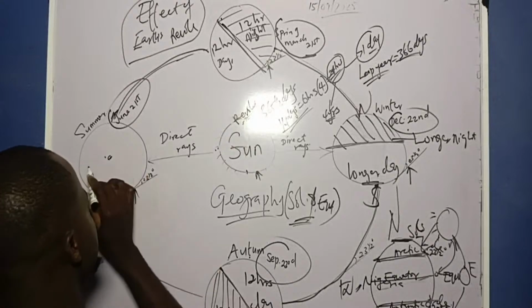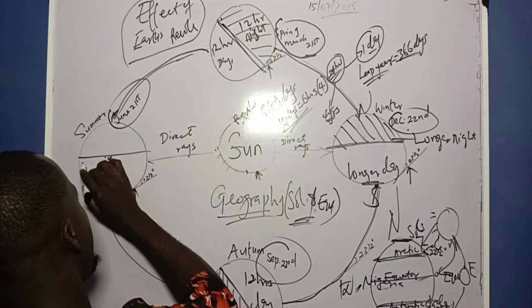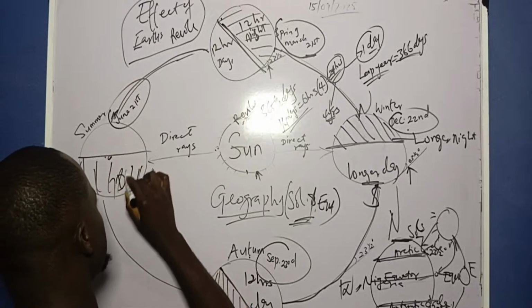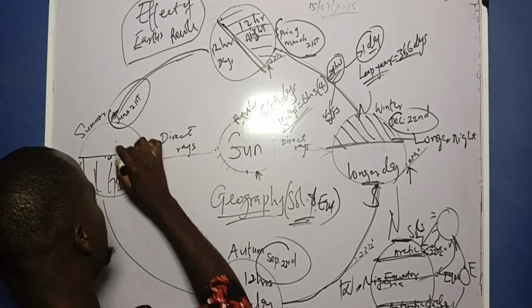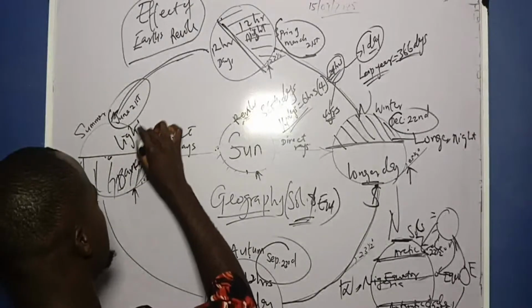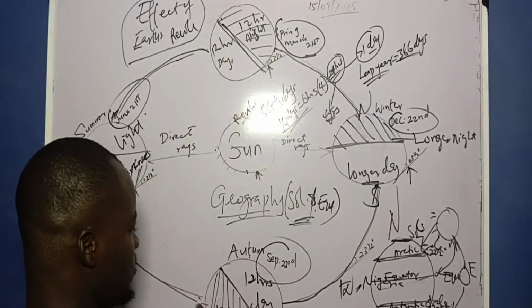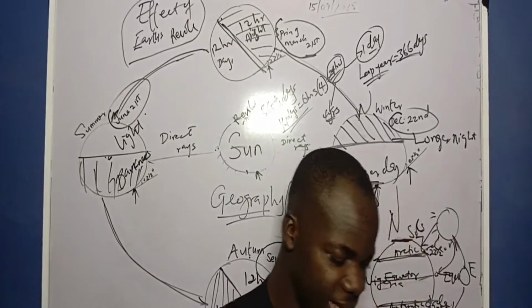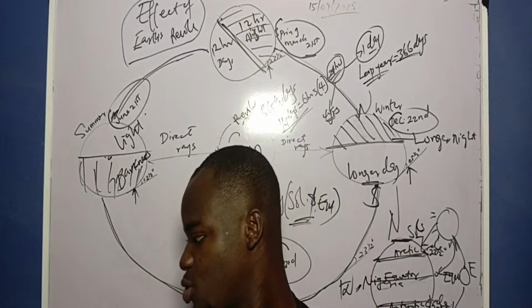So this is the Earth, and in this part of the Earth, we will now have what? Here will now be full of darkness. And here will be what? Light. Continuously. And the move here is completed. So these are the things that happen as a result of what? Earth revolution.